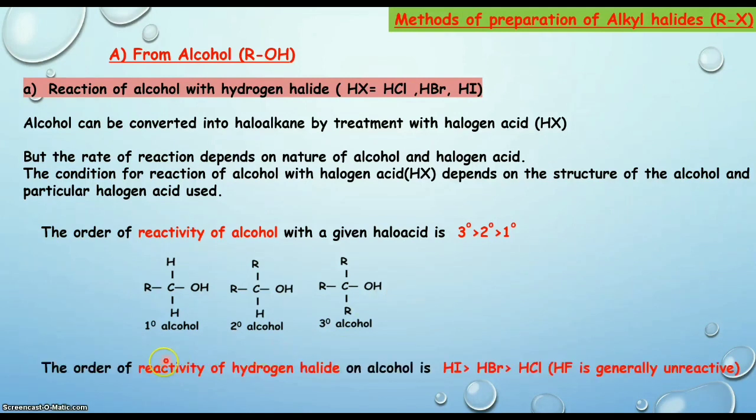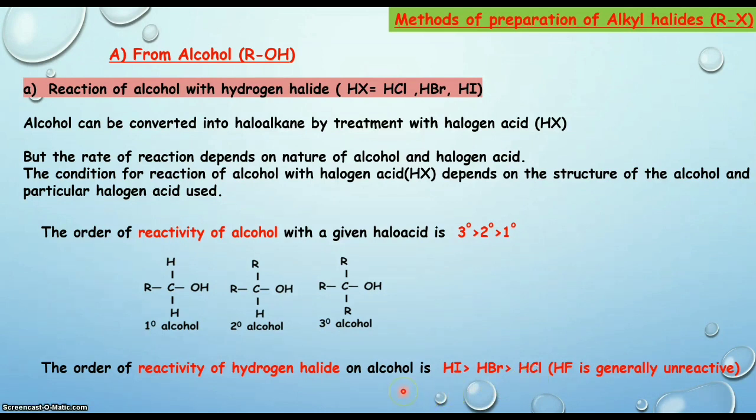The order of reactivity of hydrogen halides with alcohol is: hydrogen iodide is more reactive than HBr, and HBr is more reactive than HCl. Generally, HF is less reactive. Why does this happen? This is due to the bond dissociation energy of HI being less than that of HBr and HCl.